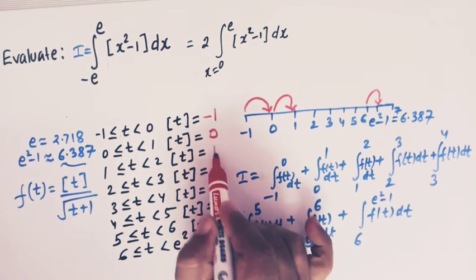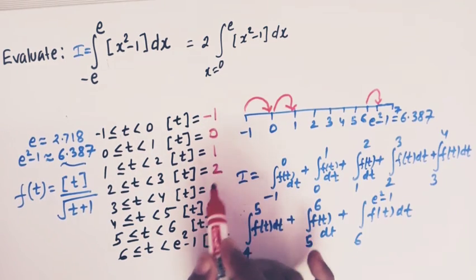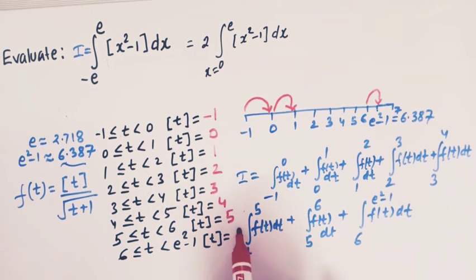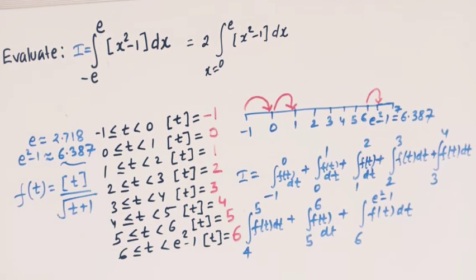So here we'll have 1, then 2, here 3, here 4, then here 5, and here 6, right?